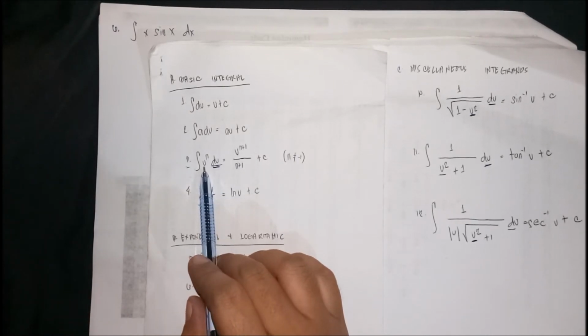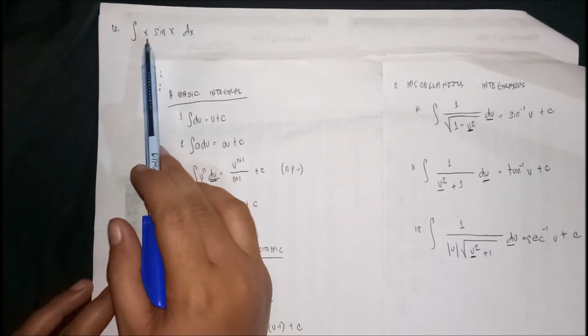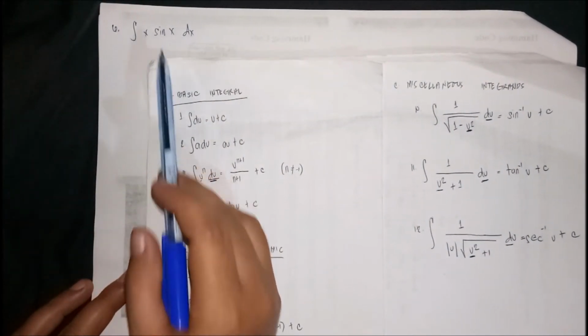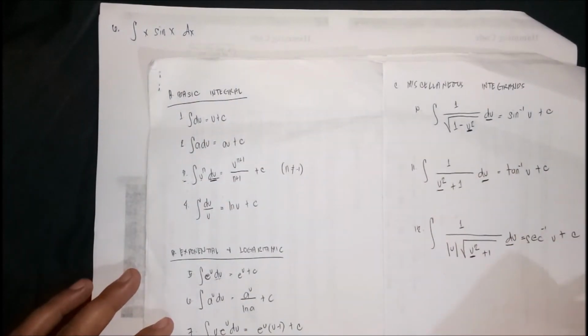So, check ko muna. May relationship ba sila? Now, look at this. Ito ay x. Ang derivative ng x ay dx. So, hindi siya ma-fall on the power formula kasi meron tayong sign. Okay? Now, kapag ganon, I conclude na baka pwede siya sa integration by parts. So, yeah, wala tayong other option but to do integration by parts.